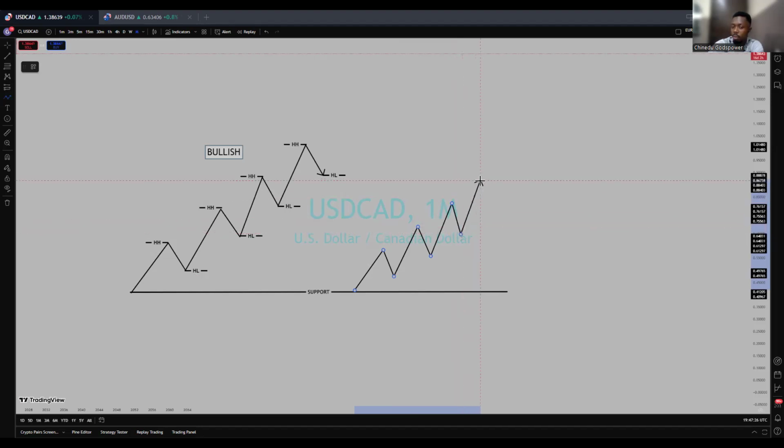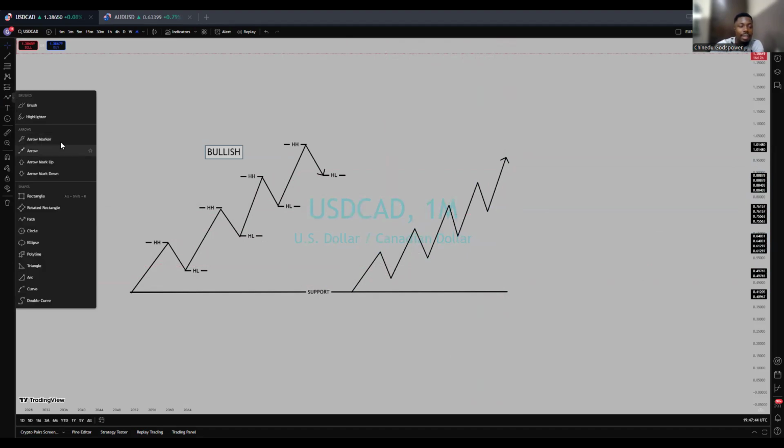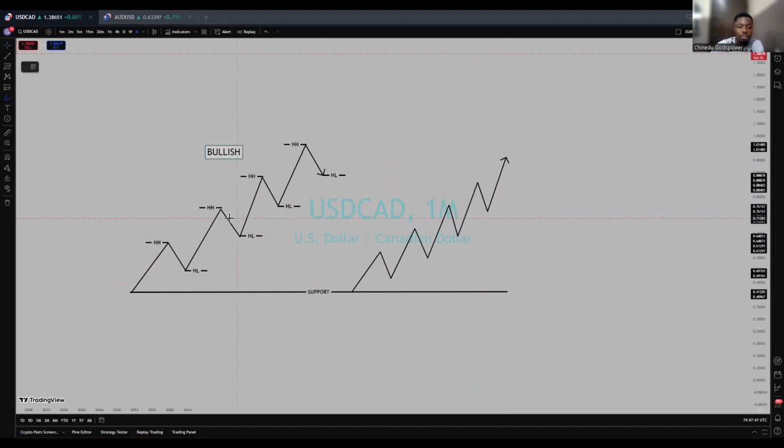Then it broke the most recent high, came back and created another low, and broke the most recent high. So this is how a bullish trend looks, the basic skeletal structure of a bullish trend, creating a series of higher highs and higher lows as illustrated right here.